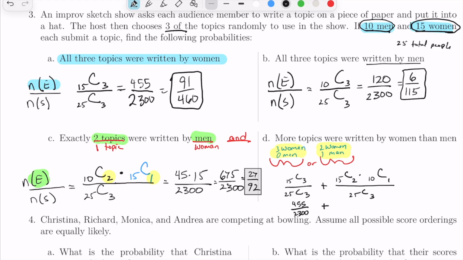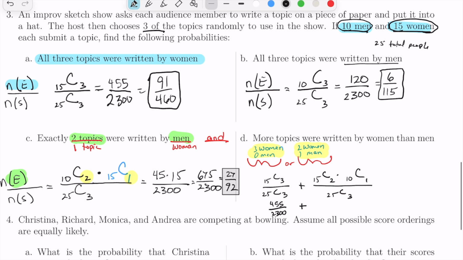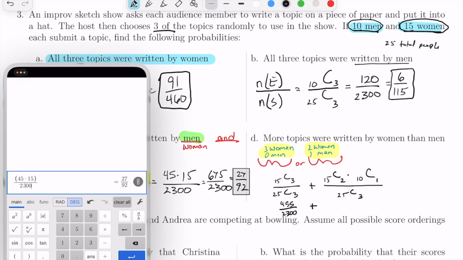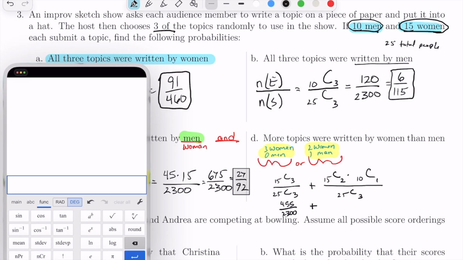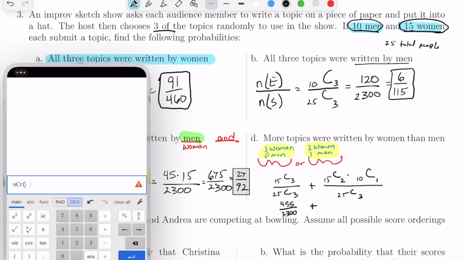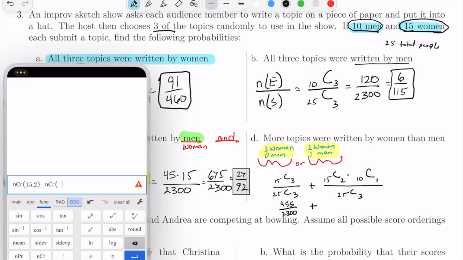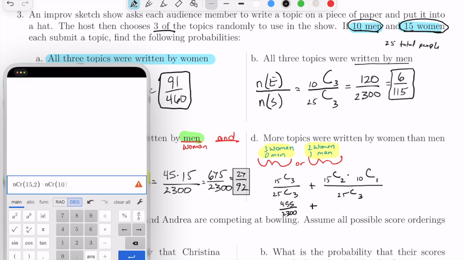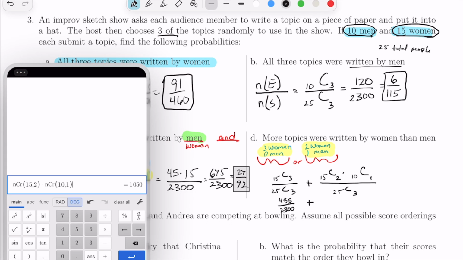Next, we do 15C2 times 10C1. We can go to our calculator and get that all put in here. So 15C2 times 10C1. This time I decided to put it all in there so you can see you could do this in one go, right? And that is 1050.